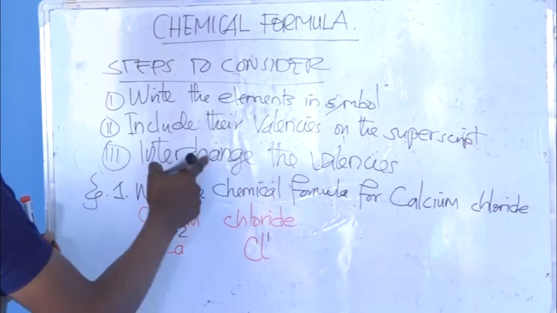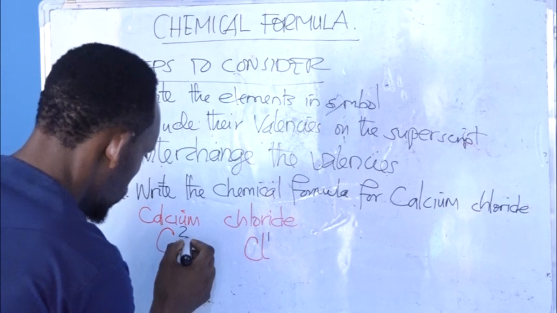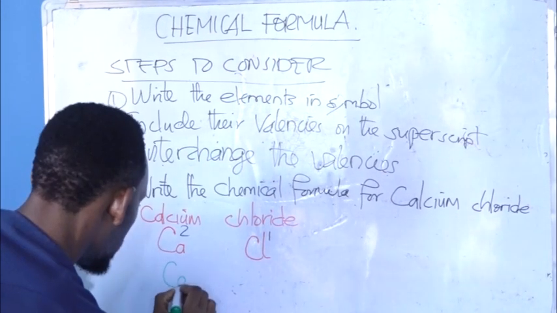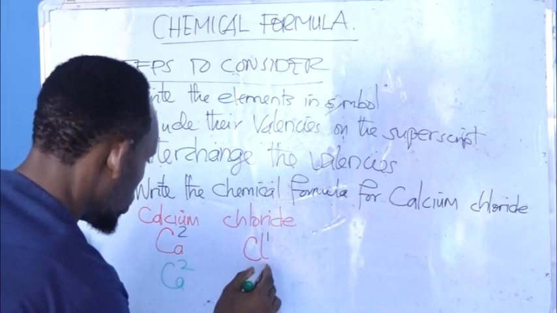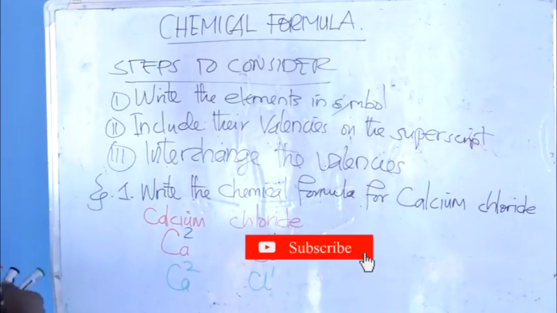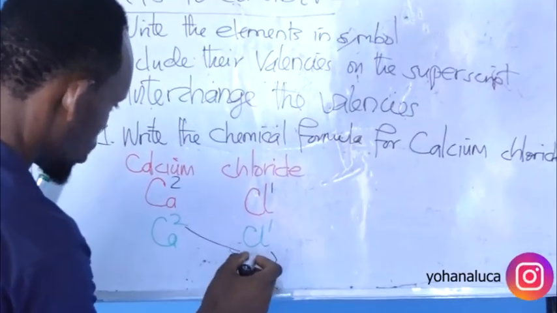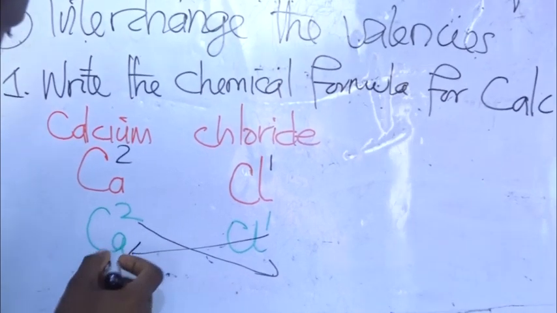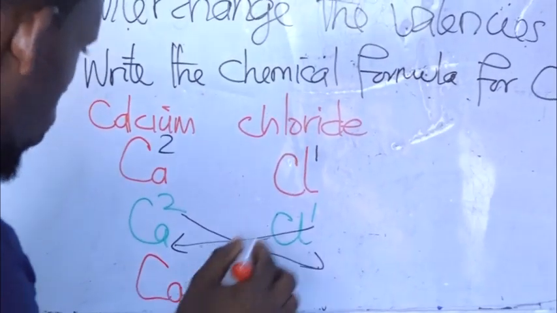Then the third step, interchange the valences. This is calcium, this is chloride. Here we have 2 and this is 1. So how can we interchange them? The 2 comes here and the 1 goes there, so that we get calcium 1.